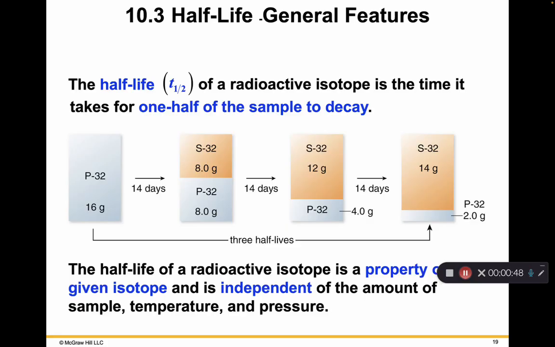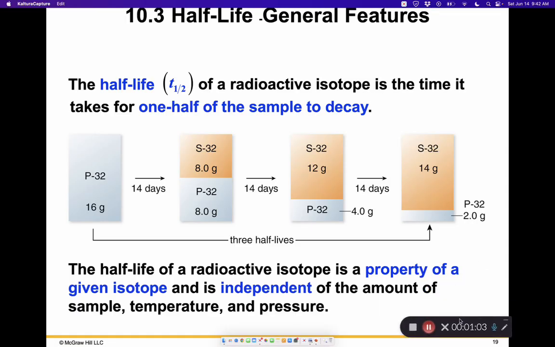These are the radioactive isotopes which undergo nuclear activity, right? We call it nuclear decay. Now, each different radioactive isotope will decay differently, so we will have a general feature called half-life.